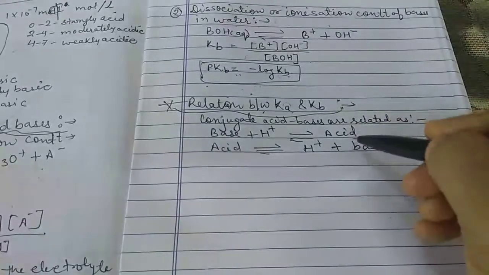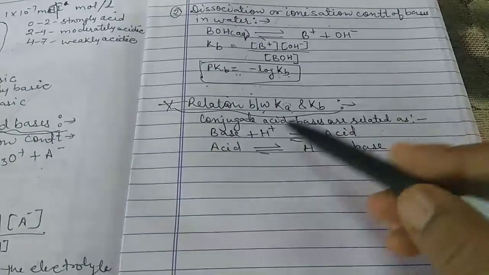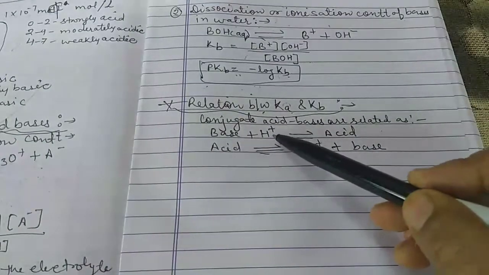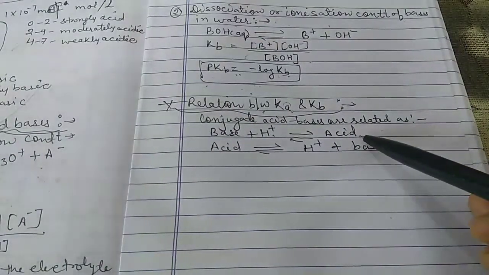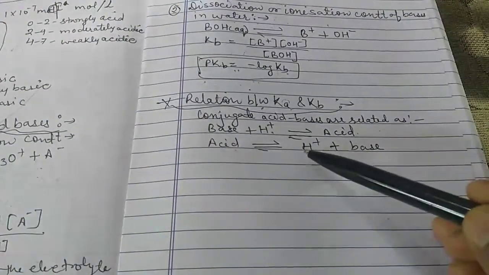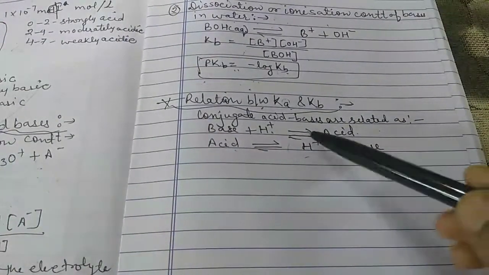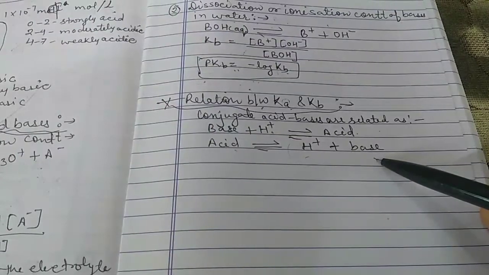So this is the relation between the conjugate acid and base pair. When a base combines with H plus ion, it forms an acid, and when an acid dissociates, it releases the H plus ion and is converted into the base.